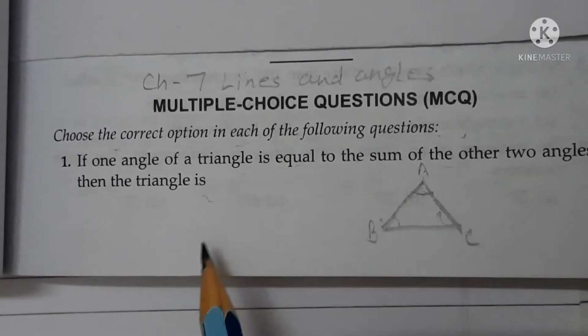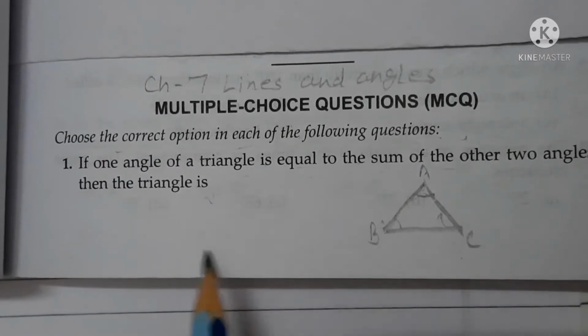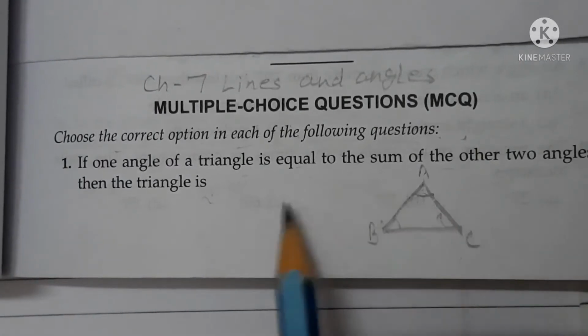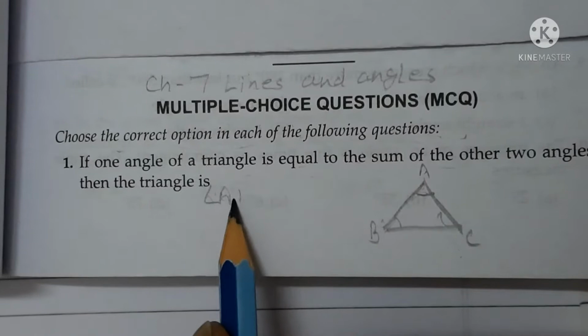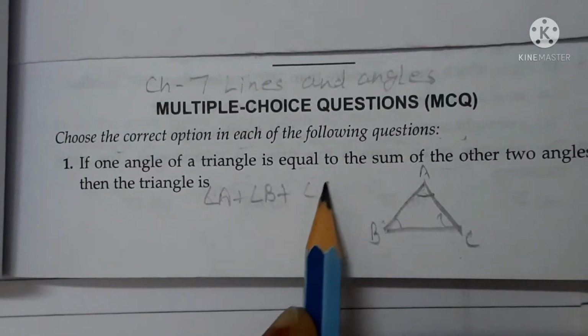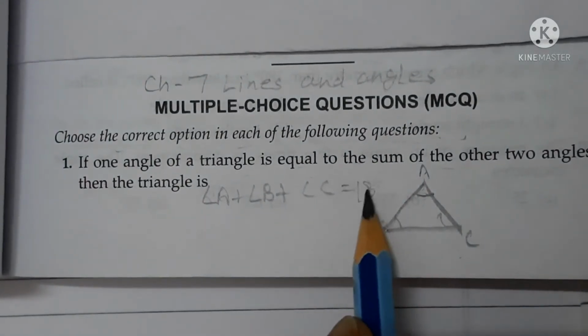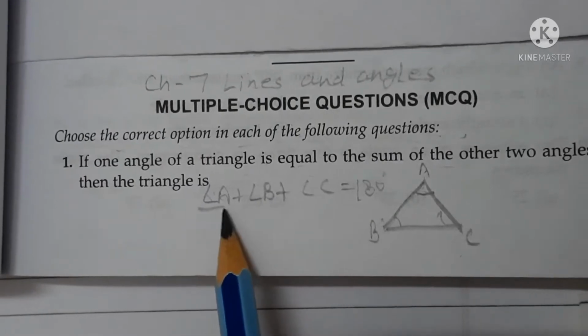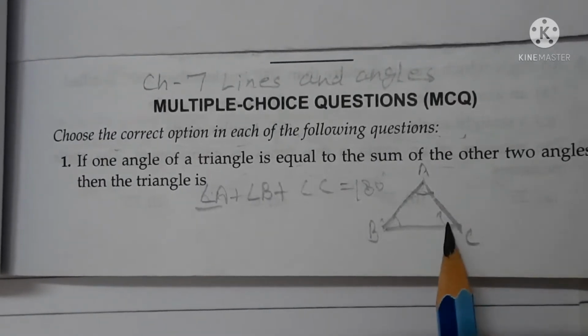You can do it like this. You know the sum of interior angles in a triangle is 180 degrees. Angle A plus angle B plus angle C is equal to 180 degrees. Substitute angle A is equal to angle B plus C, because it is given.